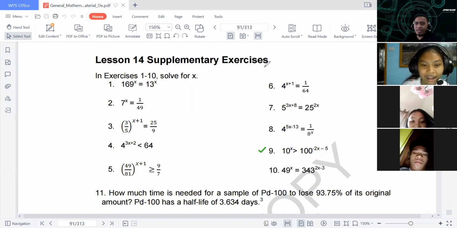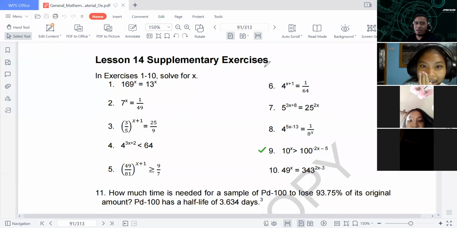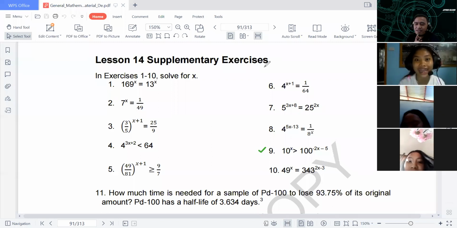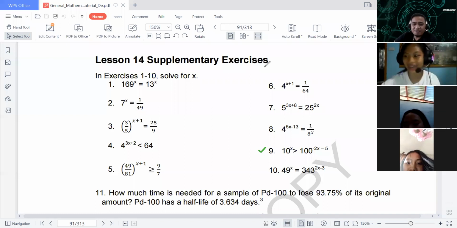Annotate. At least now I have practiced, sir. I will use the mouse, sir.